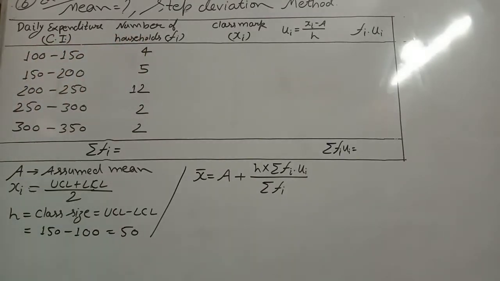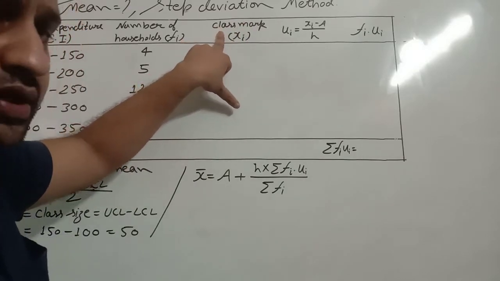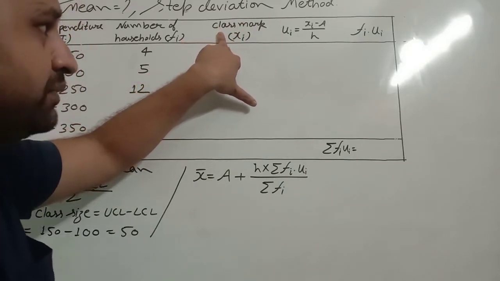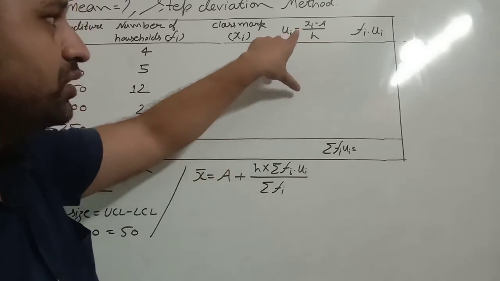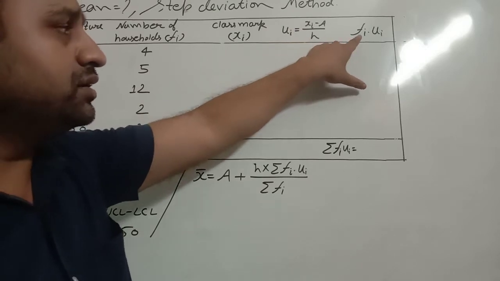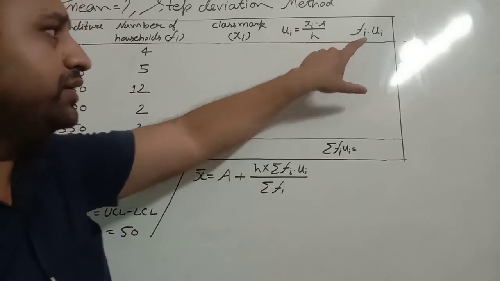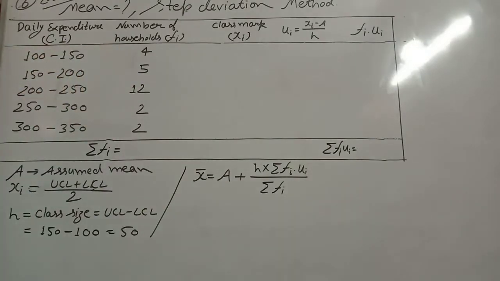And of the remaining 3 columns, the third column is class mark, which is fixed like in direct method and assumed mean method, and these 2 columns are different. The fourth column is ui, xi minus a upon h, and the last column is fi into ui. These 2 columns' information is given, and we have just noted it down.